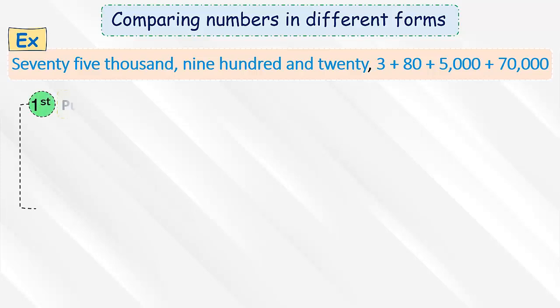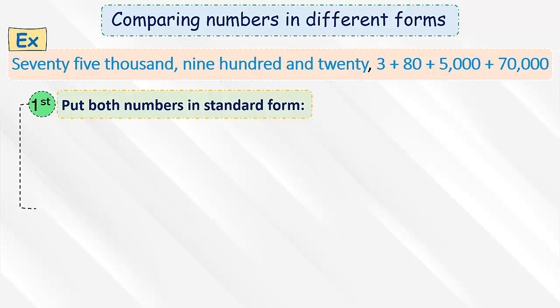In principle, the first step we must take in order to compare different forms is to convert them and write them in the standard form, so that the comparison becomes easier and simpler. As for the verbal form, when we convert it to the standard form, it will be 75,920. As for the expanded form, when we write it in the standard form, it will be 75,853.